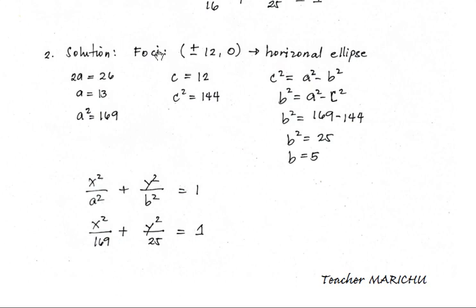Since the foci fall along the x-axis, that is where the major axis lies. So we have a horizontal ellipse. And we know that c equals 12, giving us c squared equals 144.